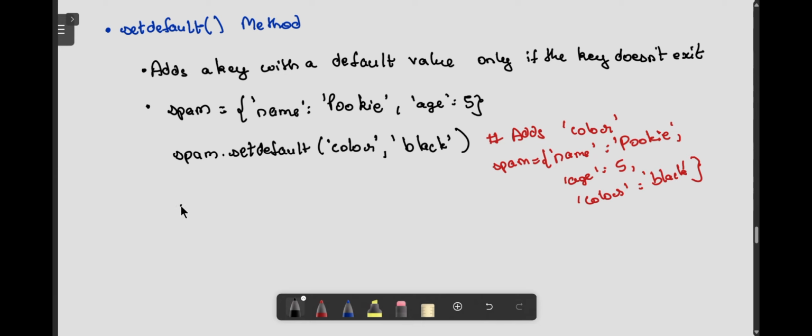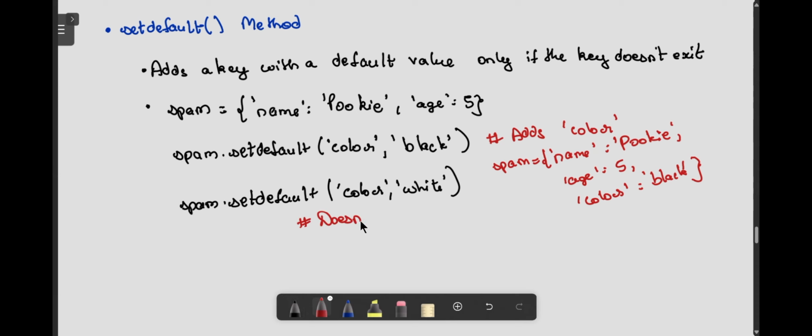But now again, if I say spam dot set default color white, this doesn't overwrite. This means if the key is already present, it does not overwrite what is already present. It's only when there's nothing present that it'll add the key and give a value. So this is how the set default method works.